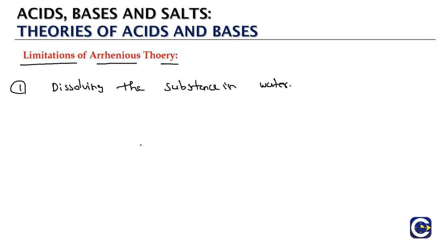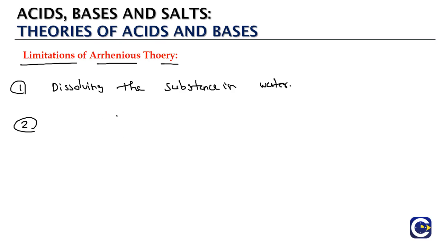When we said that alkalis are water soluble bases, it means there are bases that are not water soluble. So if a substance is not water soluble, then the Arrhenius theory cannot even be applied to it. The Arrhenius theory is defined only for substances which are dissolved in water. There are bases which are not soluble in water. We don't call them alkalis. Hence this theory is not applicable for all those types of bases.